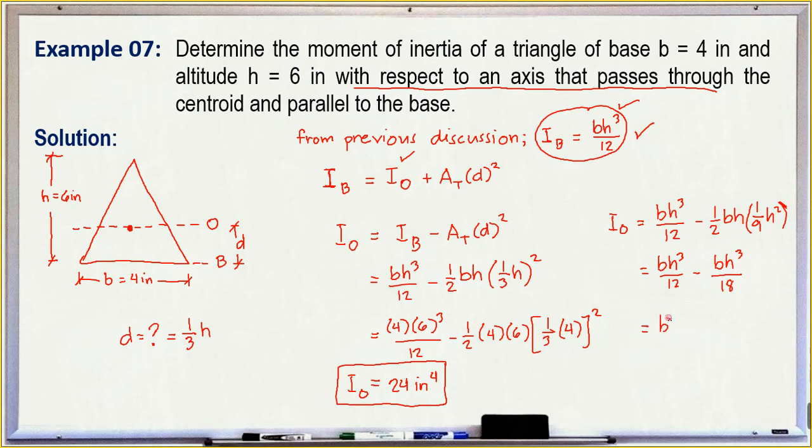If we subtract this, bh cubed 1 over 12 minus 1 over 18, the answer is bh cubed all over 36. So now we have the formula for the moment of inertia of a triangle along its centroid, and you also have the formula for the moment of inertia of the triangle along its base, which is equal to bh cubed all over 12.